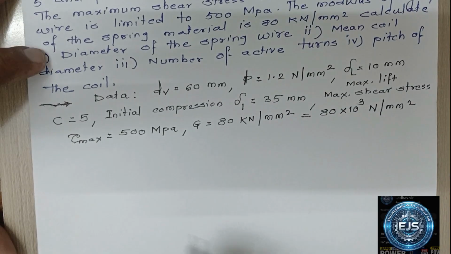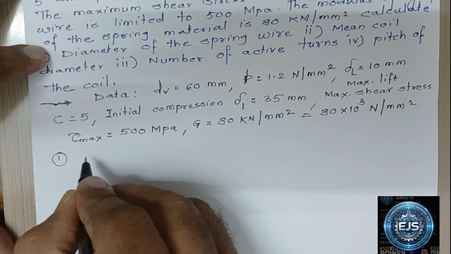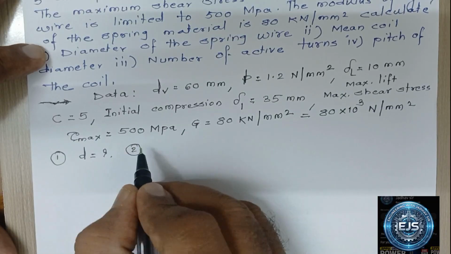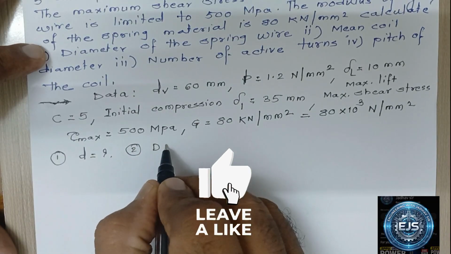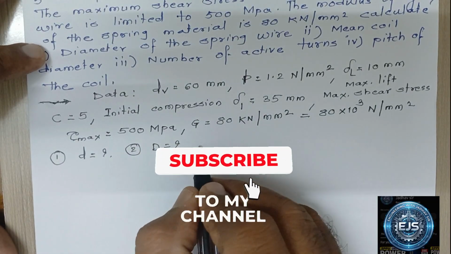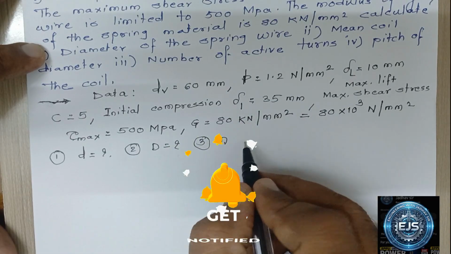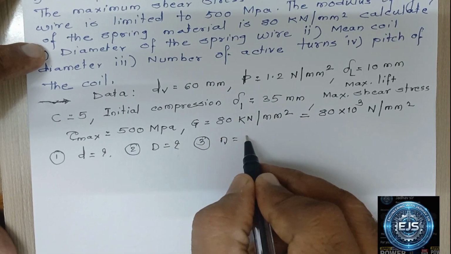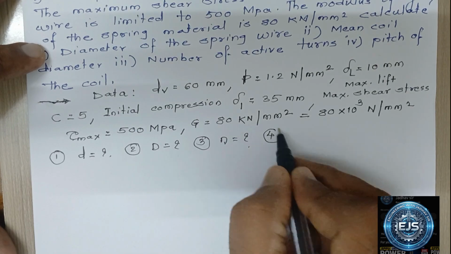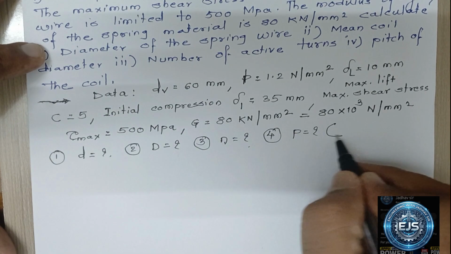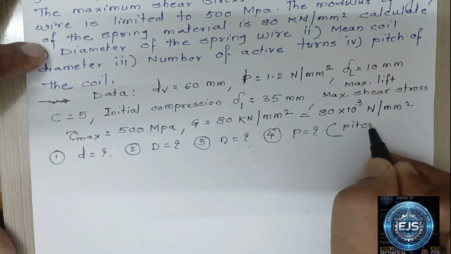हमें फाइंड आउट करना है फर्स्ट वायर डायमीटर स्मॉल d. सेकेंड मीन कॉइल डायमीटर, दैट इज कैपिटल D. Then third, number of active turns, find out करना है. And last answer, that is pitch of the coil. Pitch find out करना है.